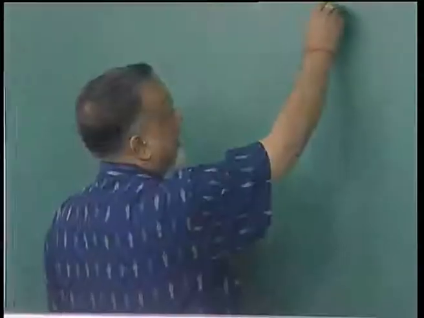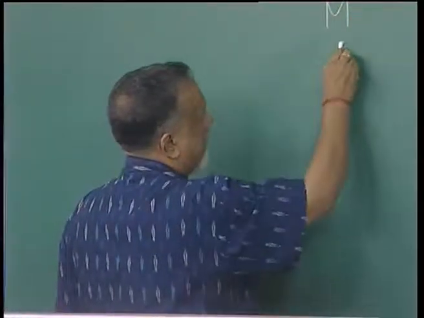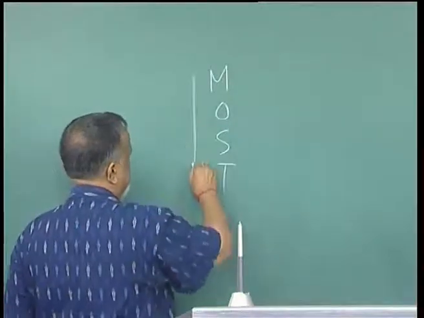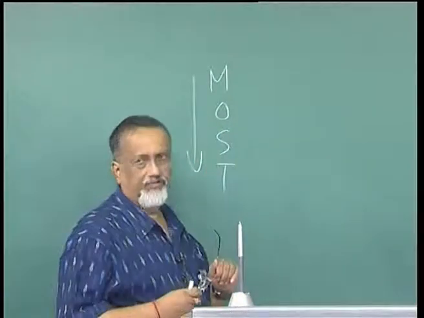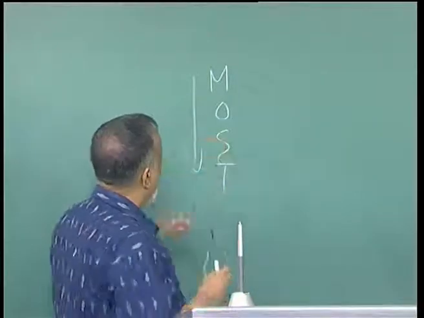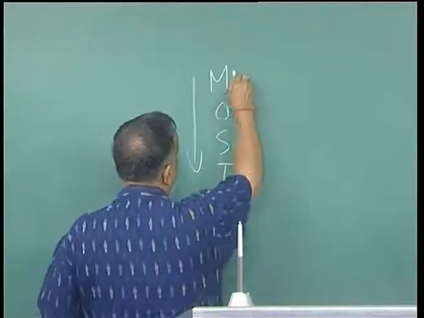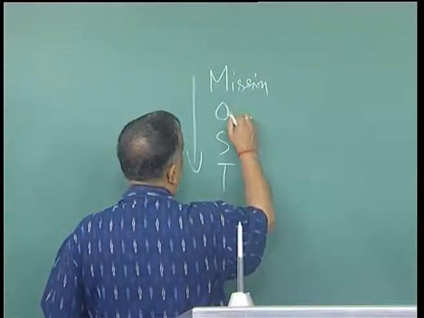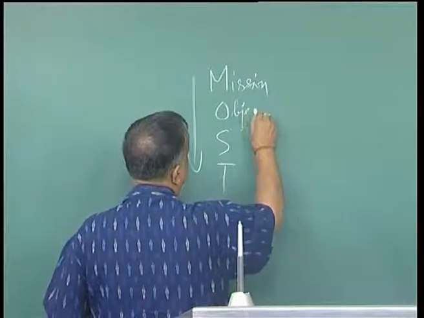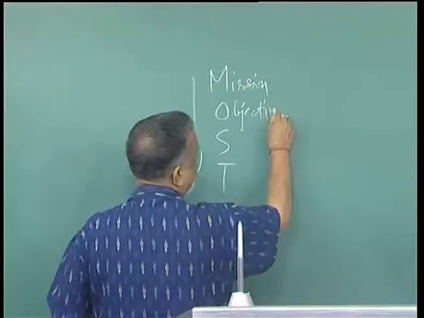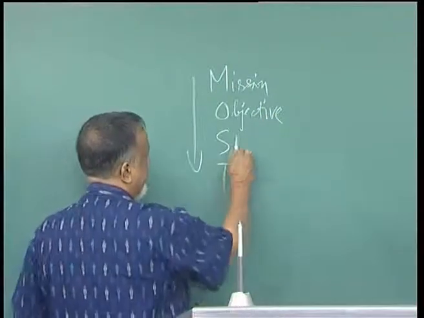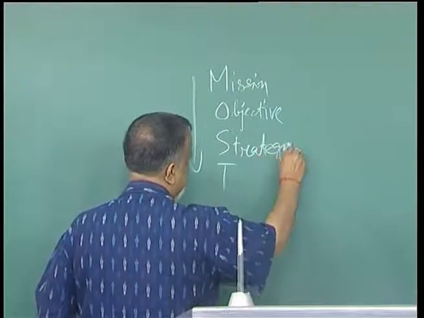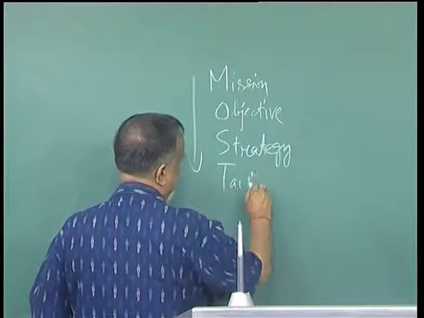process of what we say a sort of a waterfall of MOST. This M stands for mission, the O stands for objectives derived out of the mission, and that would have given rise to our strategy and our tactics.